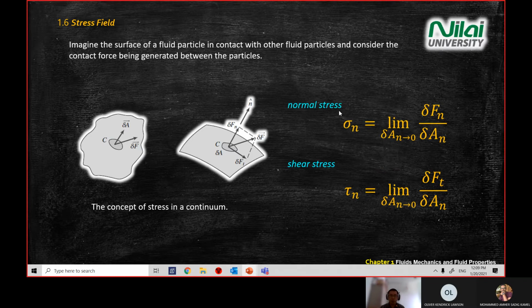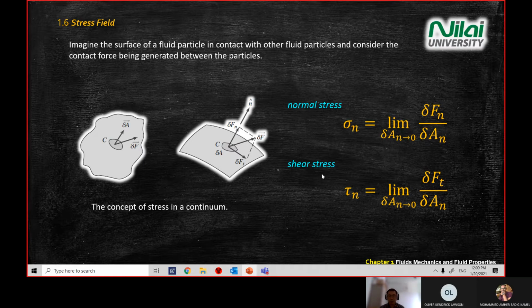And we have two equations from yesterday or your previous class. Shear stress equals force in the tangential direction, F divided by A, and normal stress, you take the normal force divided by area. You're going to look into these two equations many times in later chapters.